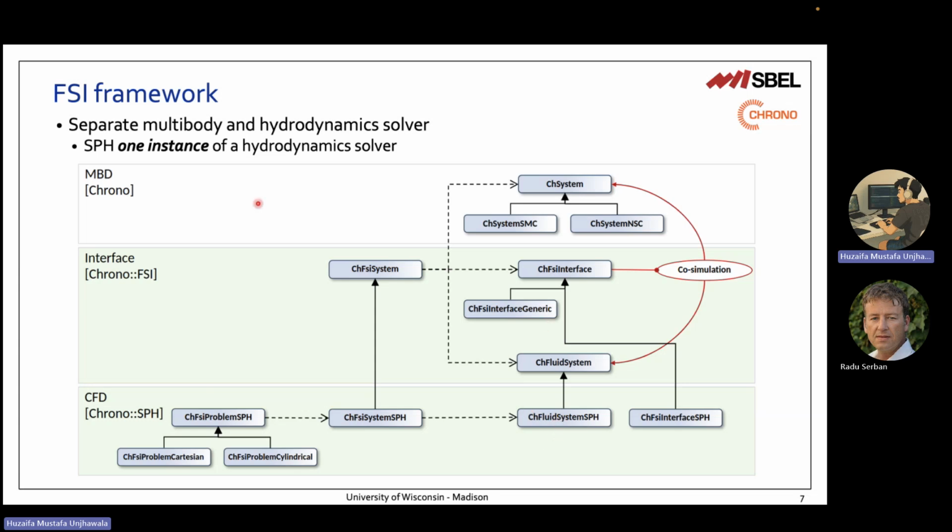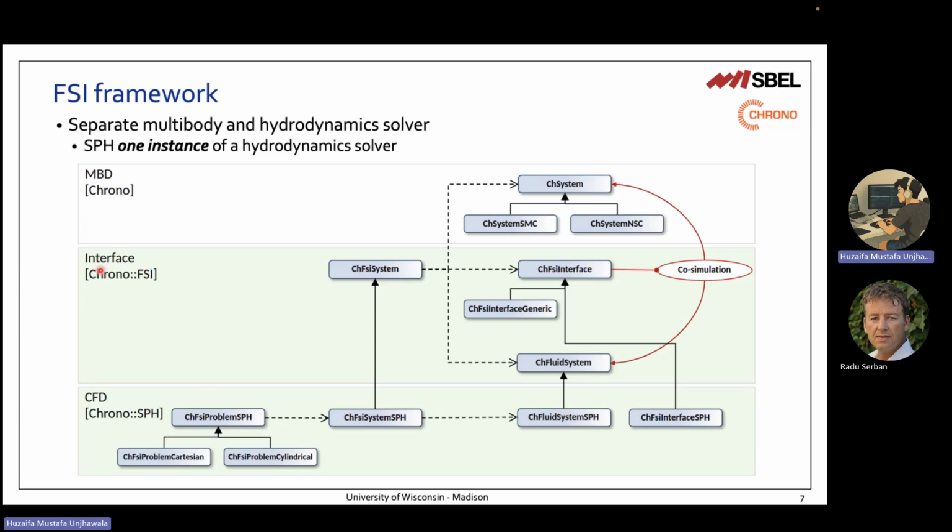And so on the top layer, the multi-body side of the fluid structure interaction is Chrono's multi-body dynamics engine. And this, as you probably already know, has the smooth contact system and the non-smooth contact system, which is the CH system, smooth SMC and NSC. And you want to communicate between this bottom, which is the CFD part, the fluid part, and the top, which is the multi-body dynamics part.